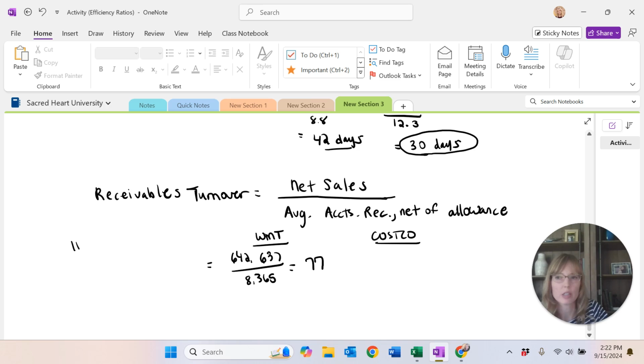So what is this telling us? The number of times, in this case per year, because we have annual sales as our numerator, that the company collects its average receivables balance. Of course, the higher the turnover, the more we're collecting, so the higher the better. Remember, so far, for all of our turnover ratios, the higher the better.